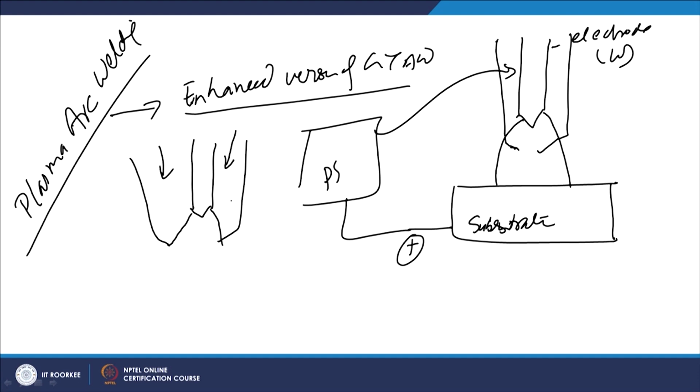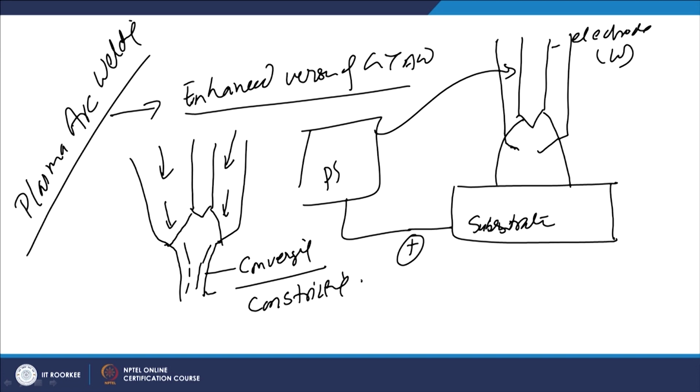So, the plasma forming gas will be passed through the arc, and this plasma then will be passed through the nozzle. So, this nozzle basically will be converging, or more technically it is termed as constricting the arc.